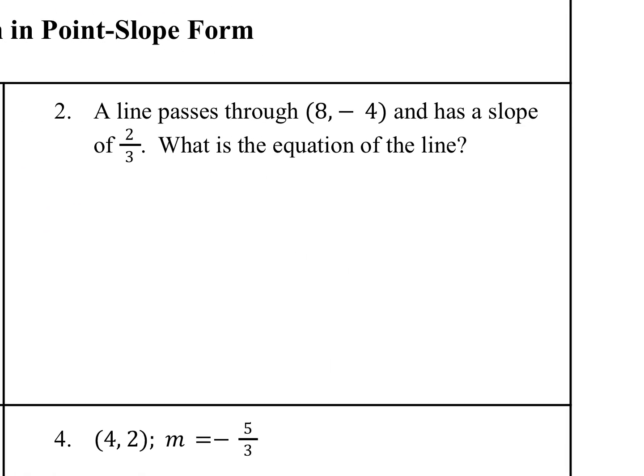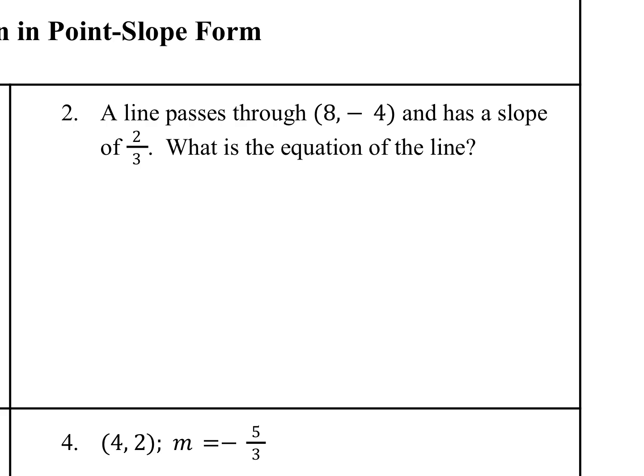Number two, a line passes through (8, -4) and has a slope of 2 over 3. What is the equation of the line? We know y minus y1 is equal to m times (x minus x1).